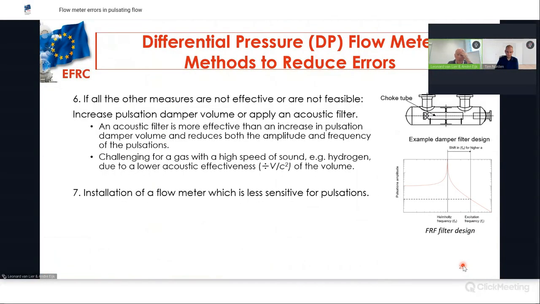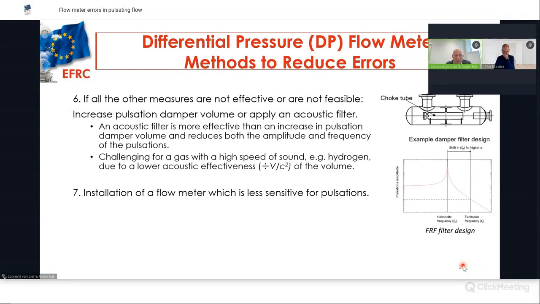If all the measures are not effective or are not feasible, then you can decide if you like to increase the damper volume or to apply a so-called acoustic filter. However, that is a very costly modification, and it is also challenging for a gas with high speed of sound, for instance for the hydrogen again, due to a lower acoustic effectiveness of the volume, which is related to the volume divided by the speed of sound squared.